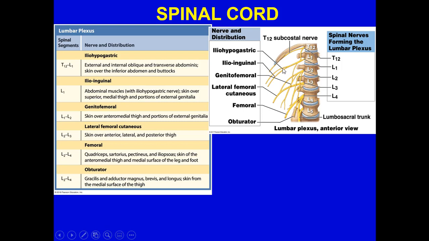You have the iliohypogastric here, whereas next to it you have the splitting off of the ilioinguinal. You have the genitofemoral, the lateral femoral cutaneous, the femoral, and the obturator. Okay. You also have a lumbosacral trunk right here.